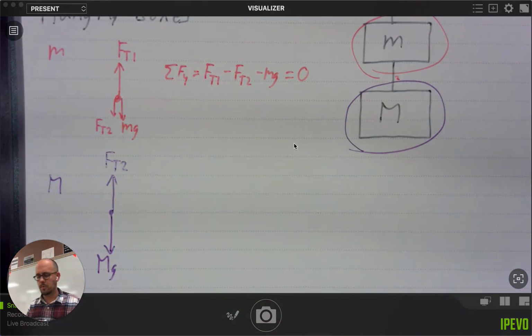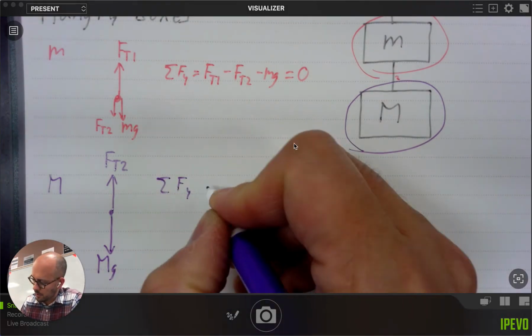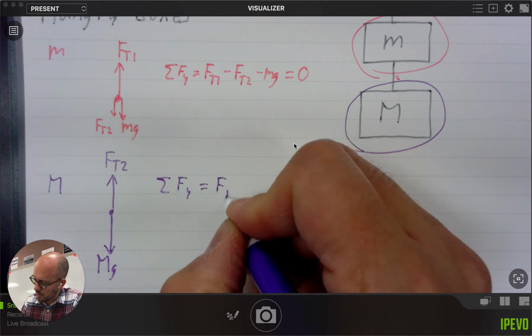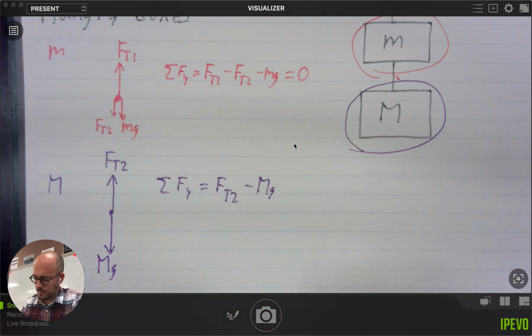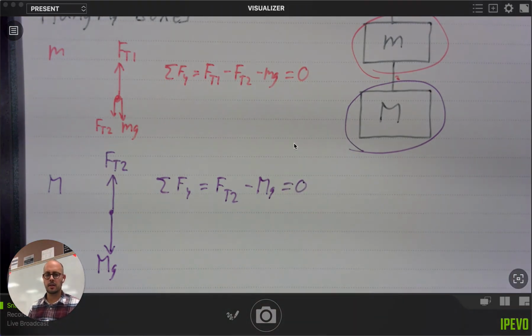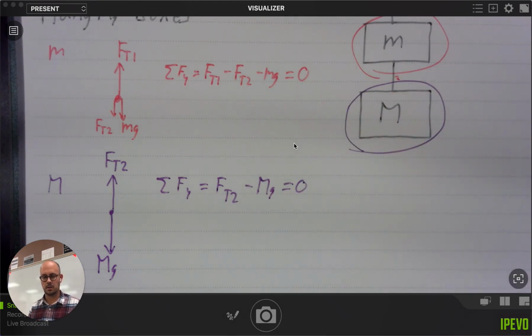And so there's two forces there, and that's for the hanging box at the bottom. So the net force on this one is going to be Ft2 minus big Mg, and then that should be equal to 0 because nothing's accelerating. And so I'm going to just cut this example off now and say, well, we have two equations and they have a tension in common.